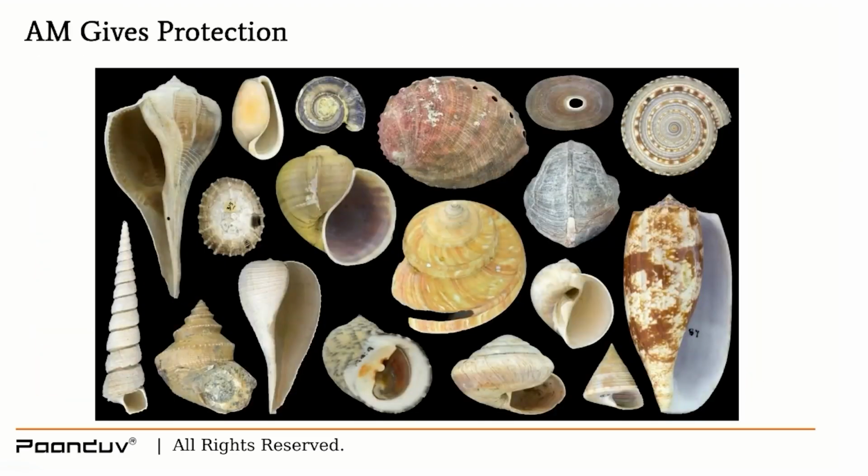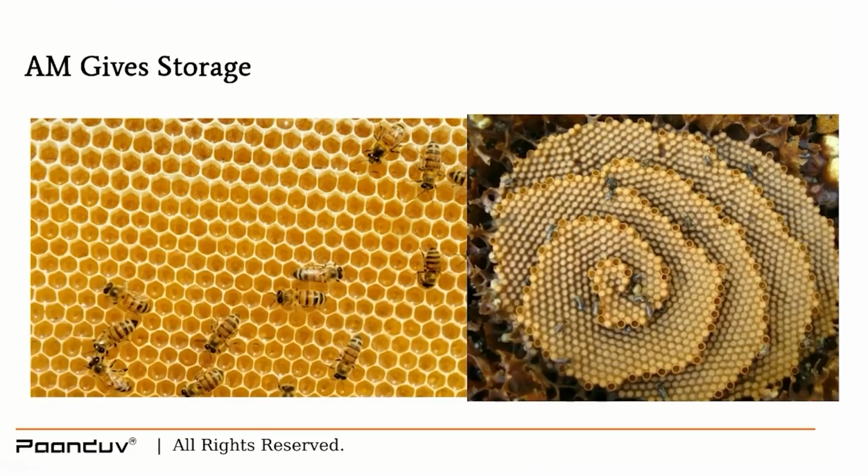These are mollusks like snails and oysters that deposit calcium carbonate over their body for protection. Honeybees make perfectly hexagonal structures to store honey as well as to lay eggs.